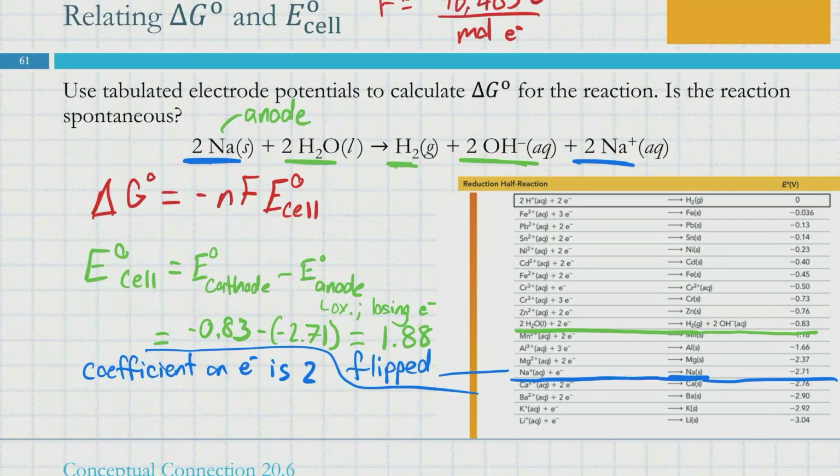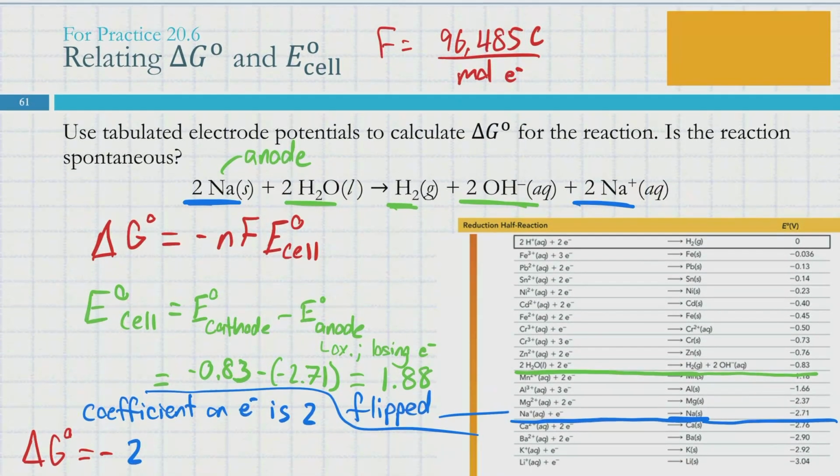All right, so we've got stuff to plug into our equation. Negative coefficient of electrons, 2, and then Faraday's constant, 96,485 coulombs per mole of electrons.